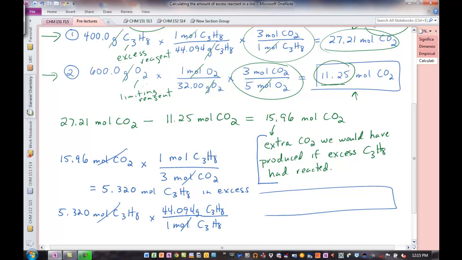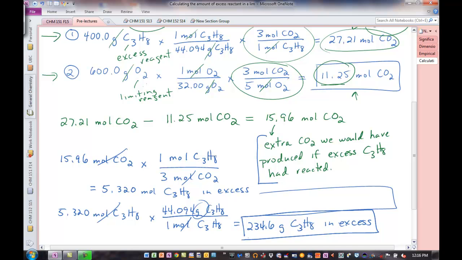Moles cancel. Again, watch your conversion factors so that the appropriate unit cancels and you end up with the unit that you want, in this case grams. And our answer comes out to be 234.6 grams of propane in excess. So there's our final answer.